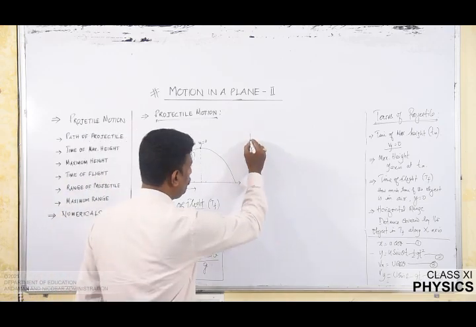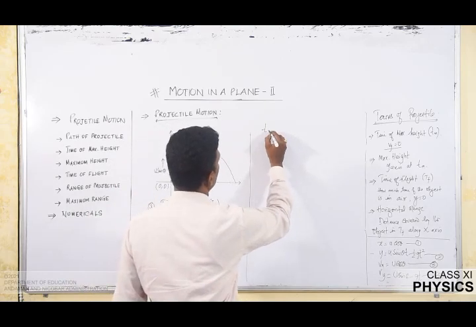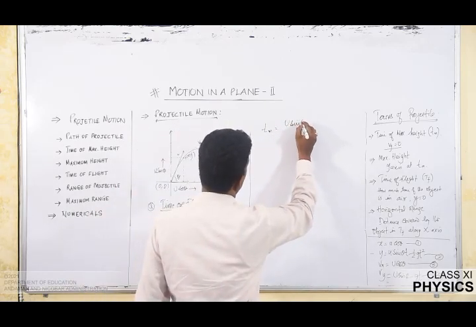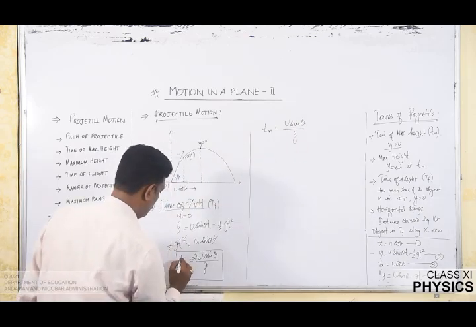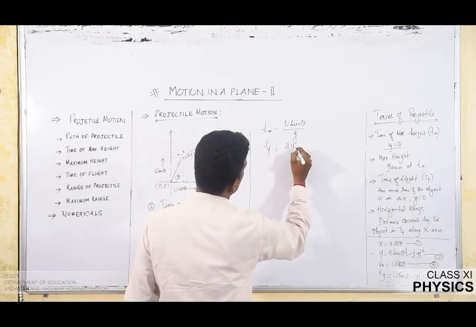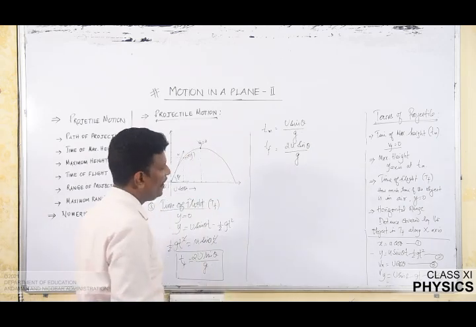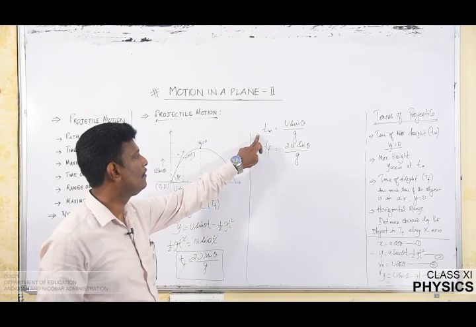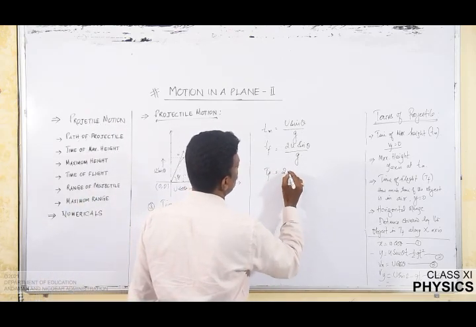Here one thing we need to note: Tm we earlier found as u sin theta by g, and Tf we found as 2u sin theta by g. What we find here is Tf is equal to 2 times of Tm.